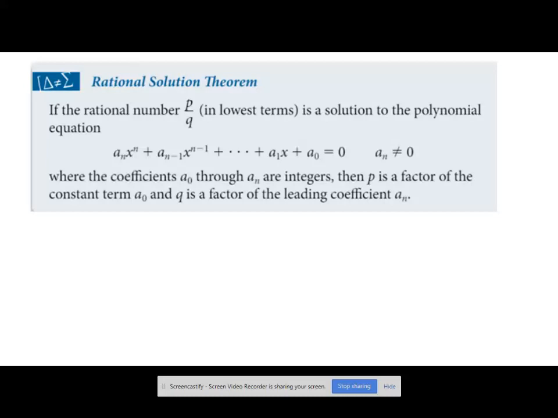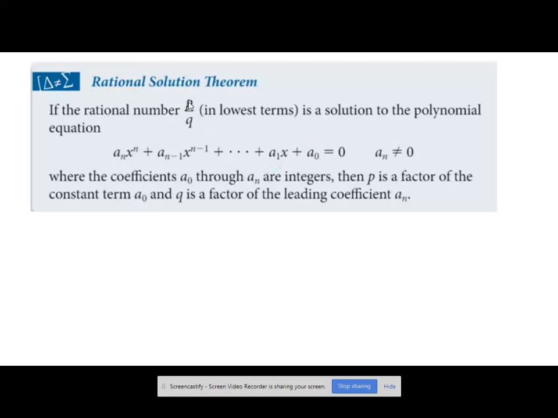But if the answer is going to be a rational number, which means it's in the form of a fraction, or really a whole number, it could be like 5 over 1. And so if it's a rational number in lowest terms, so reduced, if this rational number is a solution to this polynomial, then p, the numerator here, p is a factor of the constant term a sub 0.